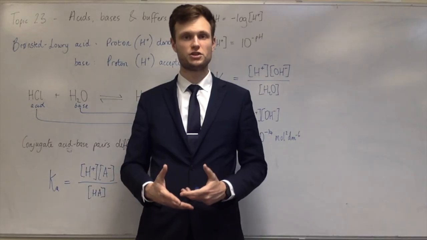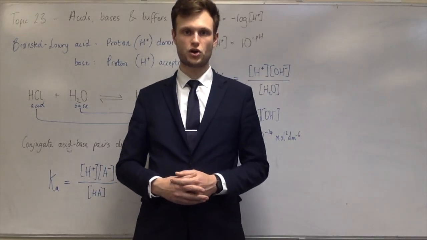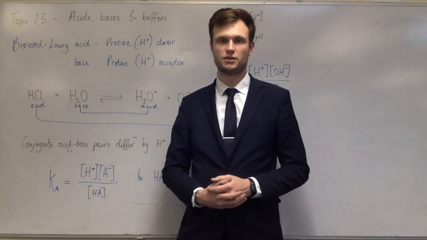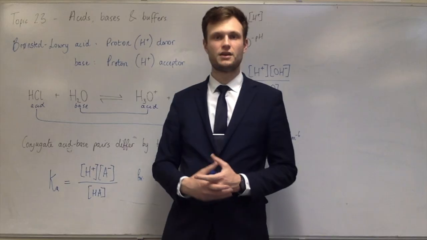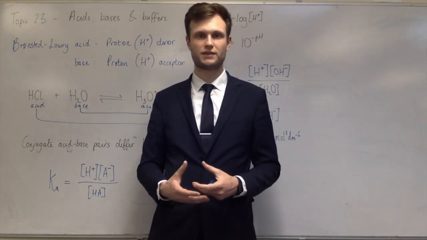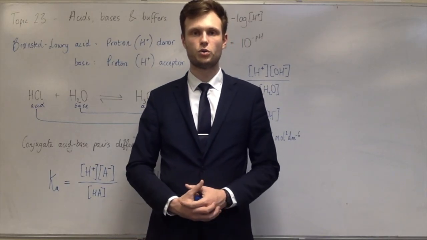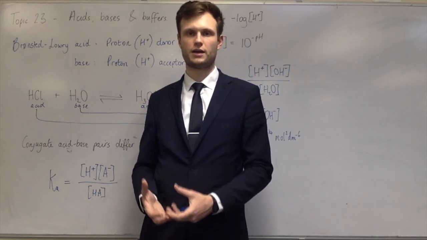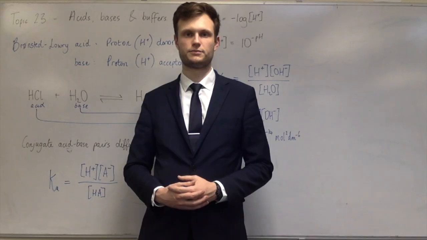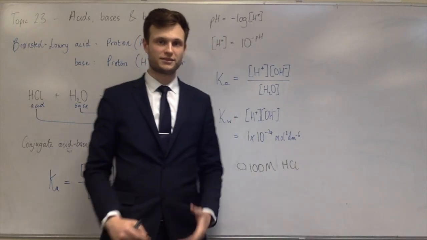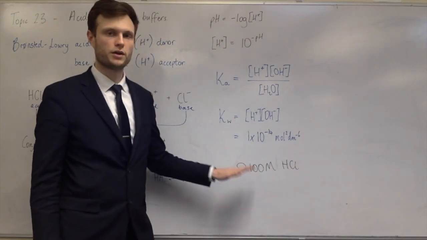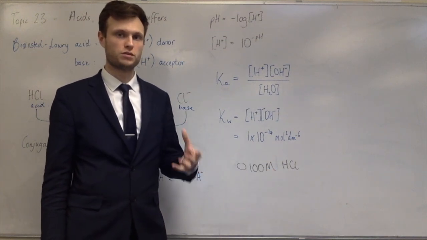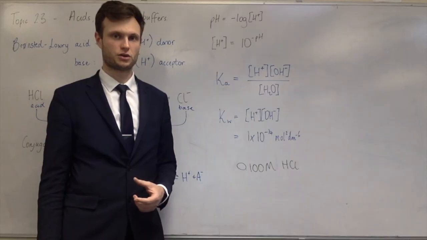But the first thing we're going to do is calculate the pH of some strong acids, because they're the easiest ones because they completely dissociate. So I'm going to use hydrochloric acid as an example. Hydrochloric acid, let's say it's 0.1 molar, and I'll work out the pH of 0.1 molar hydrochloric acid. Now, because of our definition of strong acids, we can assume that 0.1 molar HCl would produce a solution with 0.1 molar H plus concentration.